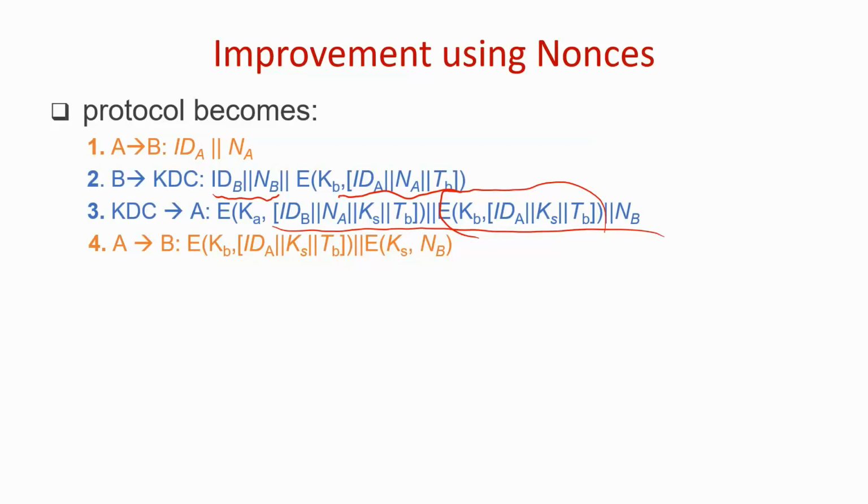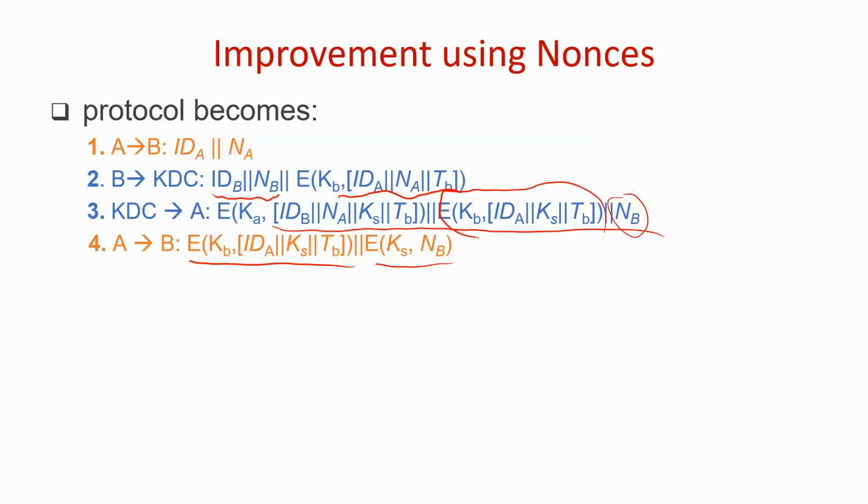And all of that is concatenated with the nonce that B has sent in step 2. And so after obtaining this part, A will decrypt and will get the ticket and send it just as it is to B in step 4, and will send also the nonce B encrypted with KS as well.